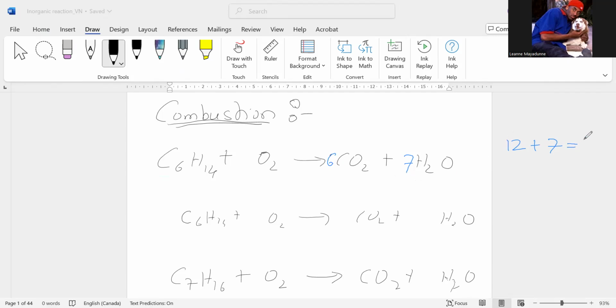So total I have 19 oxygens. And that is an odd number. And O2 on the reactant side is an even number. So instead of writing that as 19, I'll write it as 19 by 2.